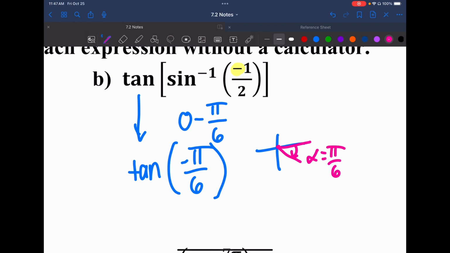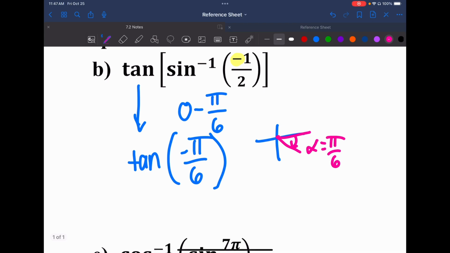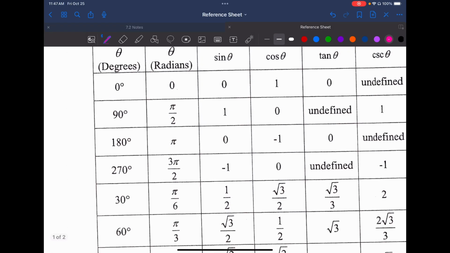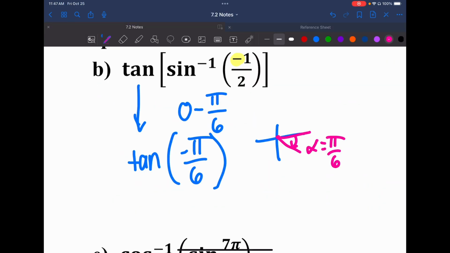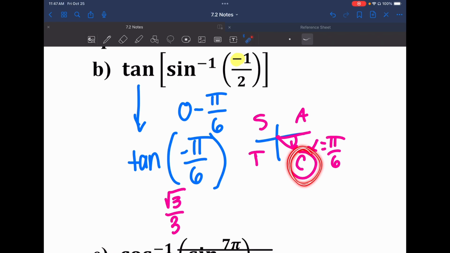So we're going to find tangent of positive pi over 6 over here. Tangent pi over 6 is square root of 3 over 3. But because this was negative and we graphed it into this quadrant, that's A, S, T, C quadrant, we're in the quadrant for C, but we're finding tangent that makes this negative.